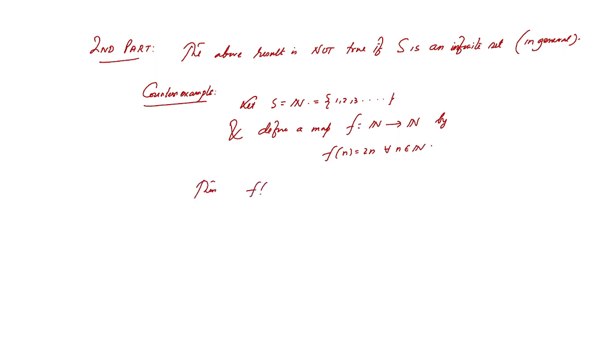Then you can easily verify that f of n1 equals f of n2 implies n1 equals n2 for all n1, n2 belonging to N. And that implies the map from N to N is injective.